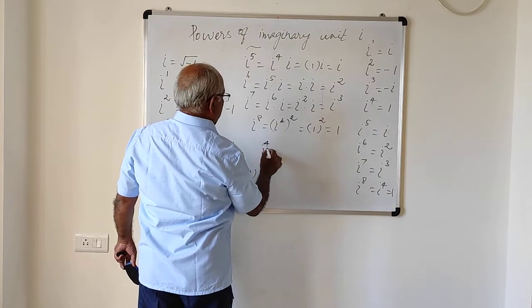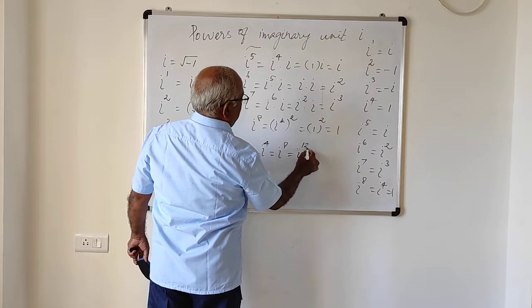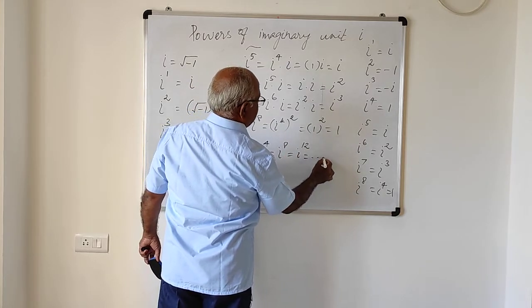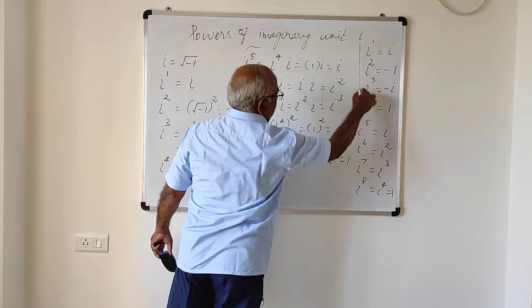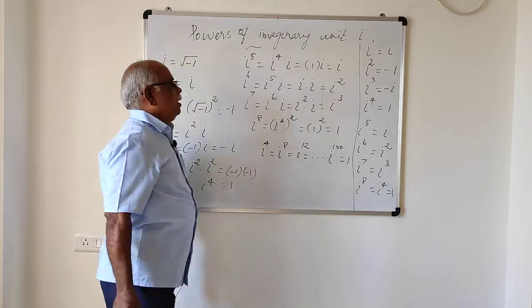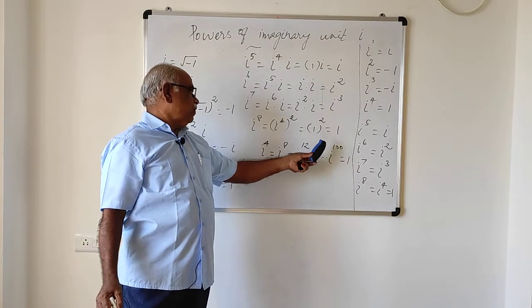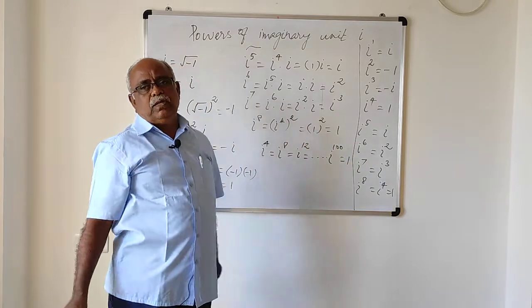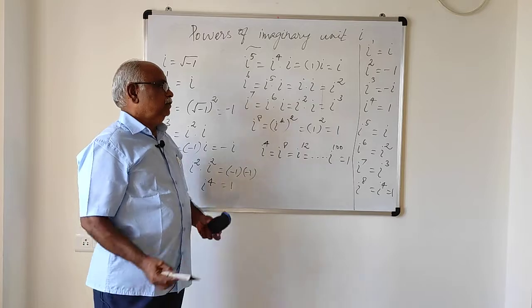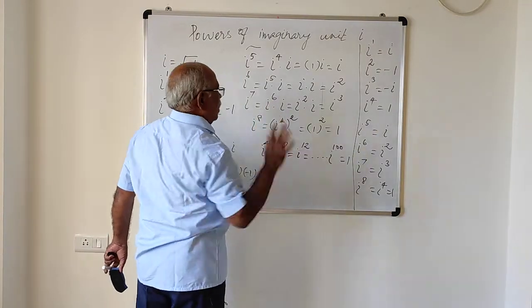I can say i power 4, i power 8, i power 12, and so on. i power 100 is also 1, because if the power of i is a multiple of 4, the value is only 1.